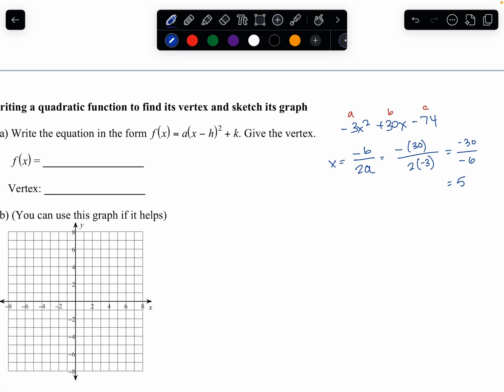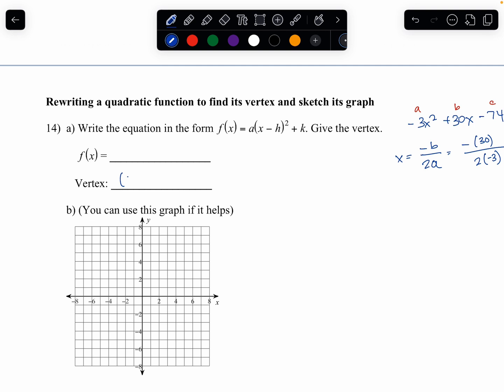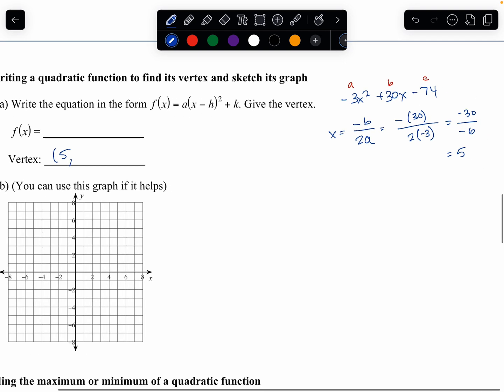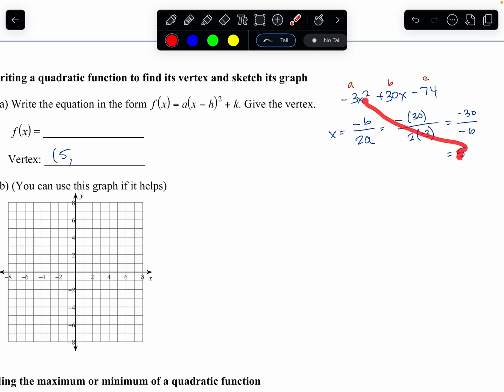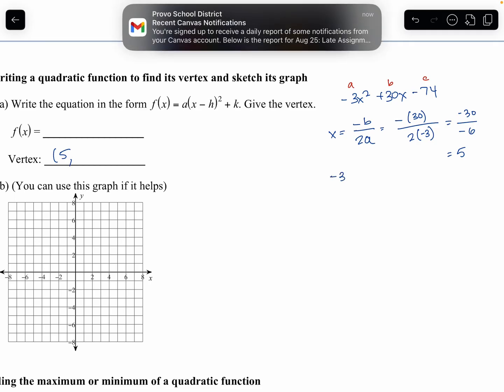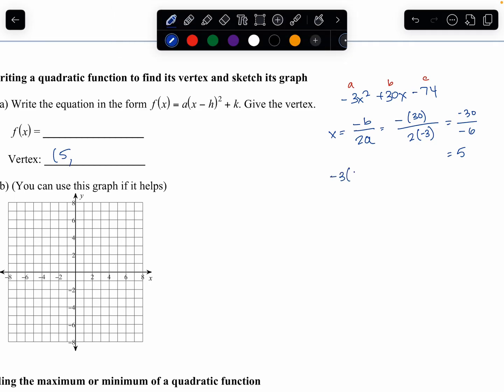Okay. So for the vertex, I know the vertex is going to be 5, comma. Now in order to find the y value, I have to plug this in for the x. So -3 times 5 squared plus 30 times 5 minus 74. I'm probably going to pull out a calculator because I don't want to do multiplication with those big numbers because I'm not good at multiplication.